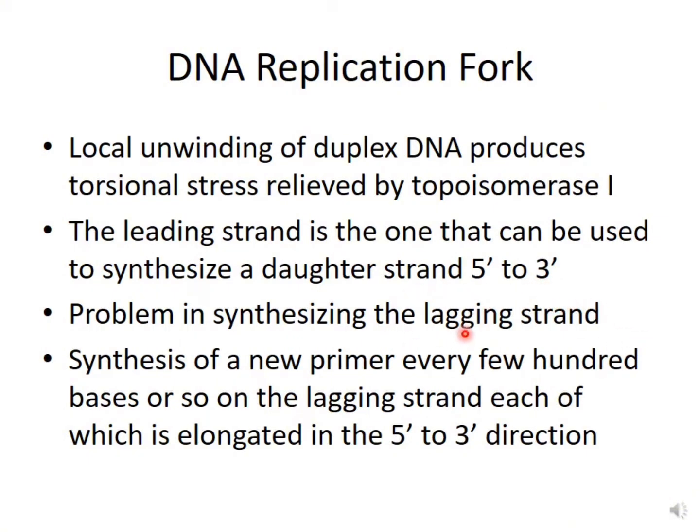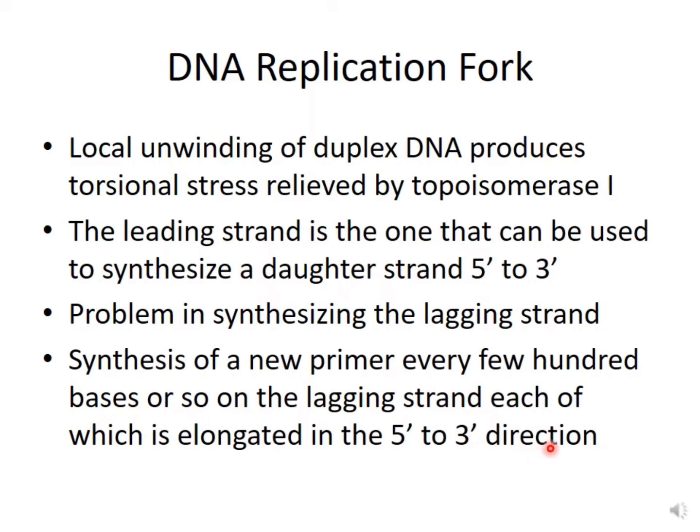However, copying the DNA from the lagging strand is going to be a problem because we cannot grow the daughter strand in the 5' to 3' direction directly. So the answer to that is to synthesize a new primer every few hundred bases or so on the lagging strand, each of which is elongated in the normal 5' to 3' direction.